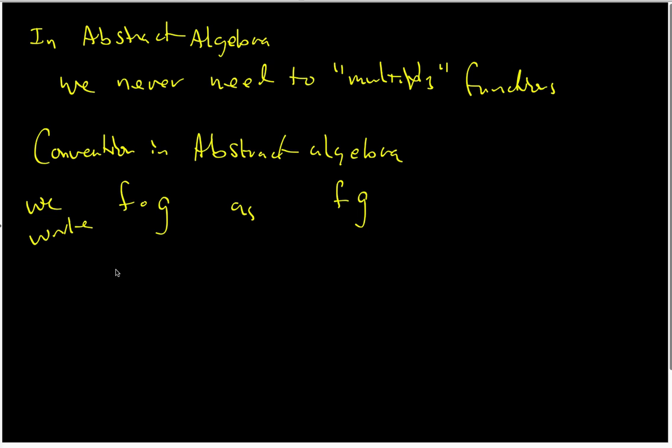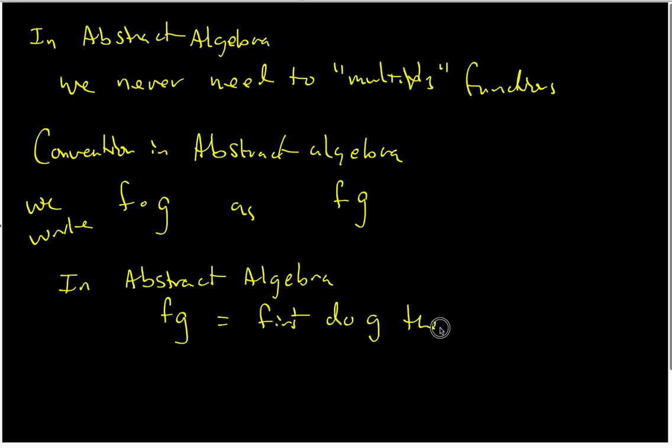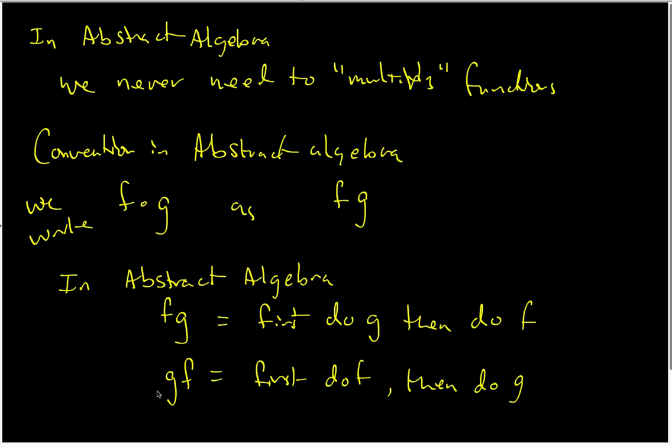So it's important to realize that in your abstract algebra class, symbols like f g always mean first do g, then do f, if f and g happen to be functions. And if we turn it around, g f means first do f, then do g. And we can get away with this in abstract algebra because we never need to multiply functions.